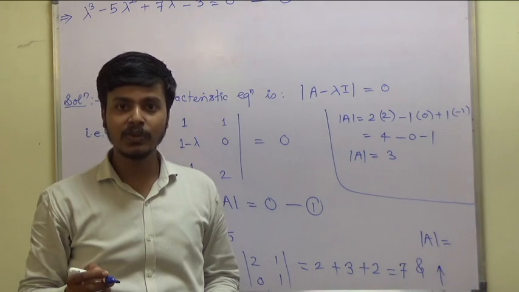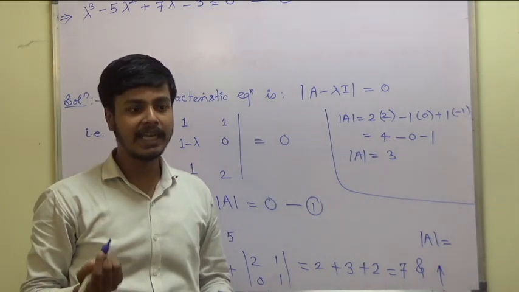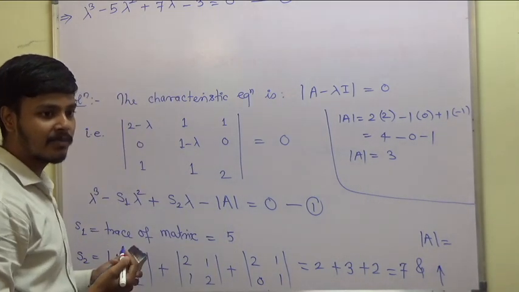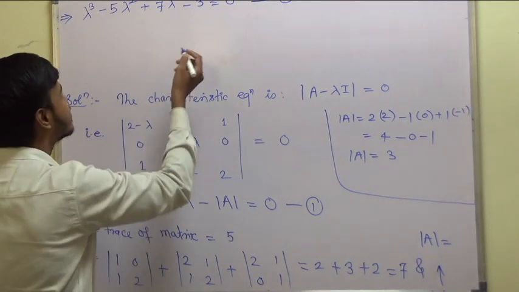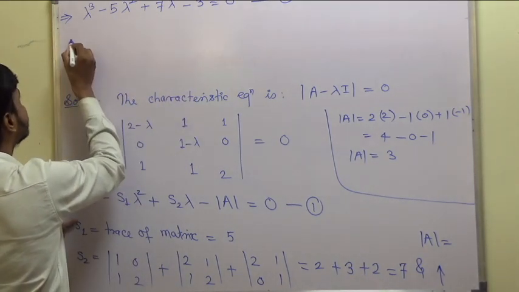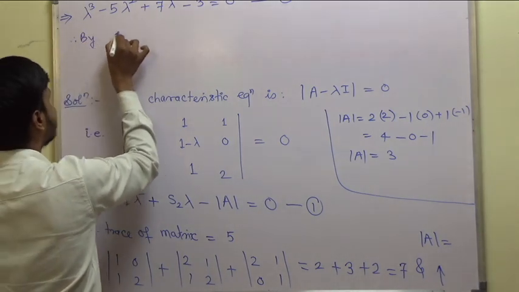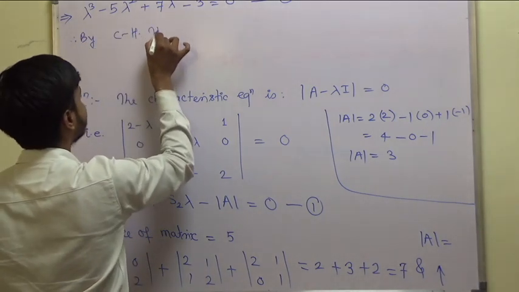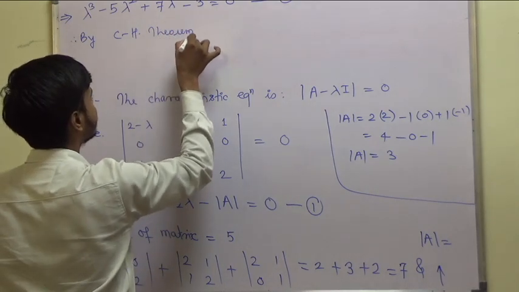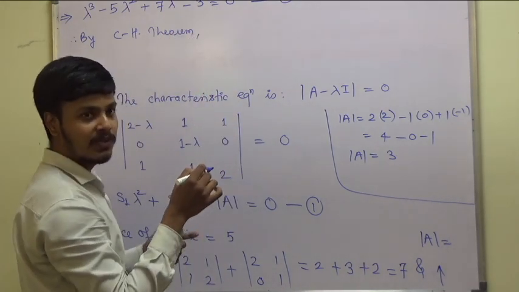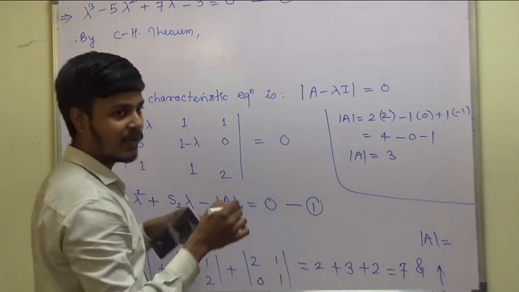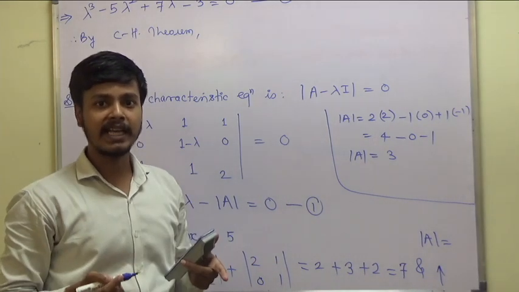Now what you need to do is apply the Cayley-Hamilton theorem for the second step. So for the second step what should I do? Therefore, by the Cayley-Hamilton theorem, we substitute lambda is equal to A. What is the Cayley-Hamilton theorem?